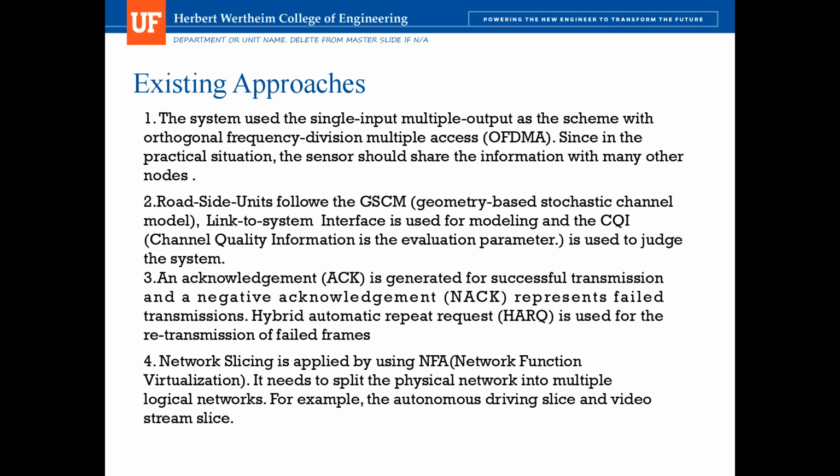The most important part of this article is that we use network slicing, and we use the network function virtualization method to apply the network slicing. We split the physical network into multiple logical networks, for example, an autonomous driving slice and a video stream slice for different services and different requests by multiple users.